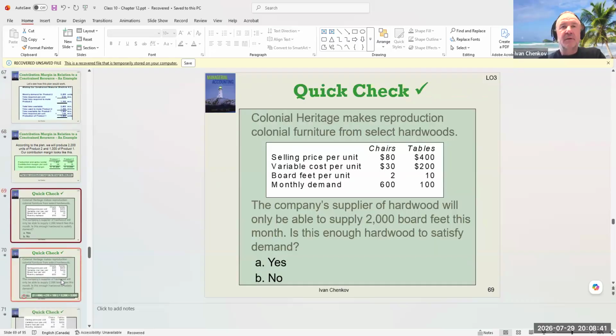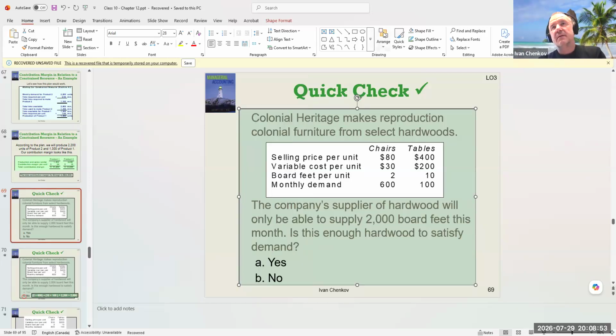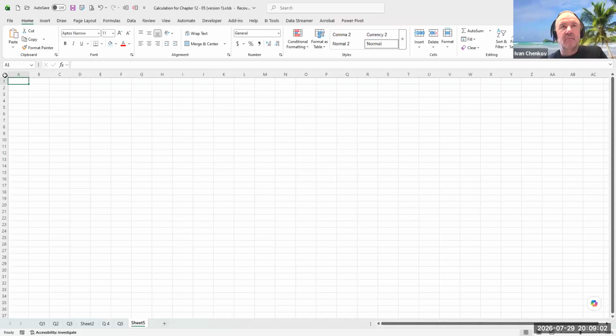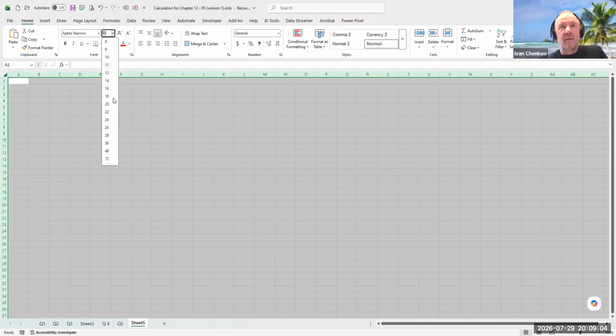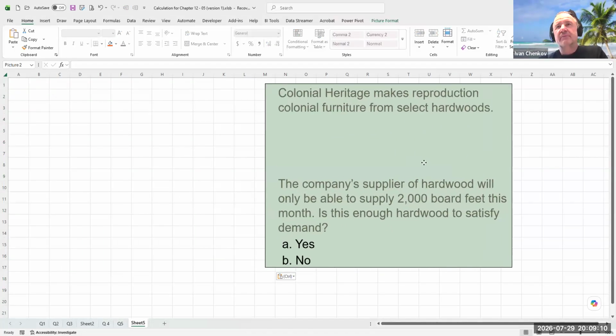So let's see an example here, and let's try to do this together. That's another question that we're going to have. I'm going to copy it again, and I'm going to move to the Excel spreadsheet. So we have this information.